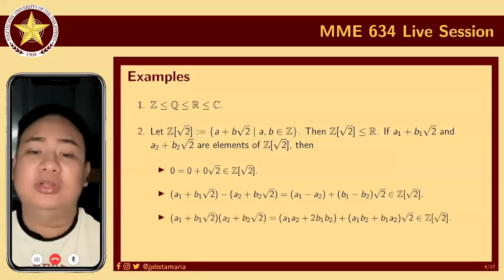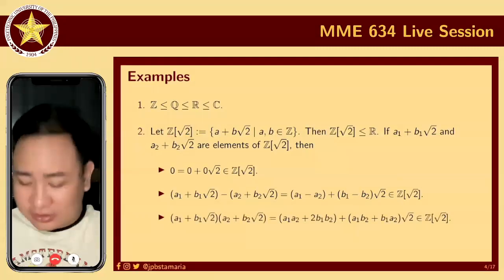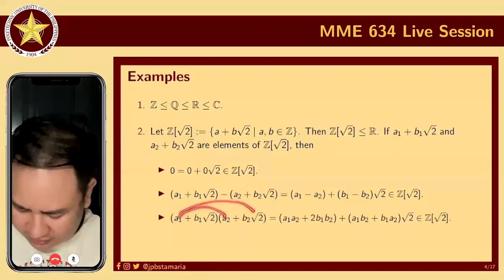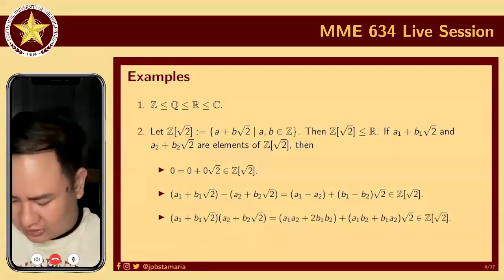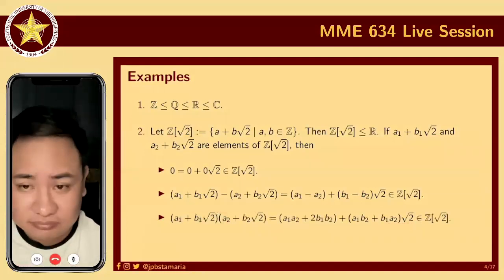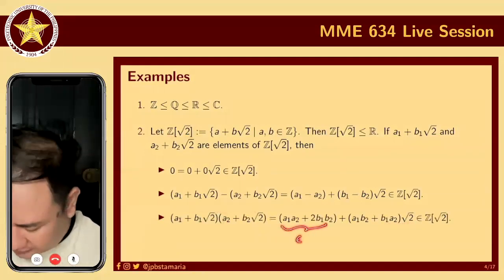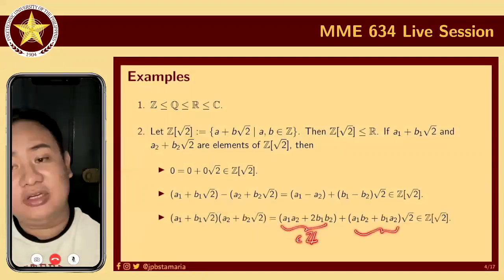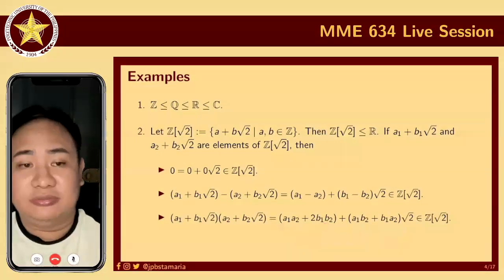What about multiplication? If you multiply these using normal algebra and combine similar terms, it will simplify to this. This is an integer for sure, and this is also an integer for sure.